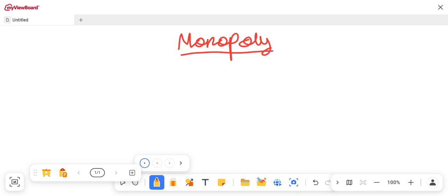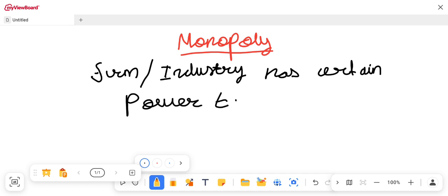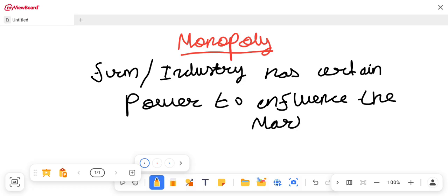We know that if a firm or an industry has certain power to influence the market, it is known as monopoly.